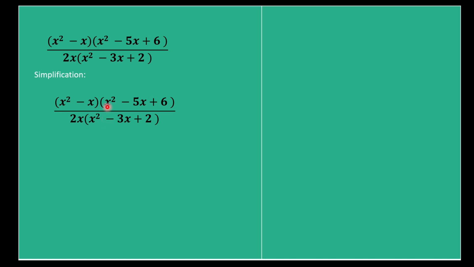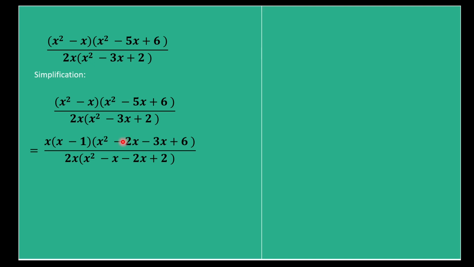First of all, we will factorize this term and this term. With this, we will take x as a common factor over here, so the remaining term is x − 1. And here we will split the −5x into two parts: −2x and −3x, which again equals −5x.